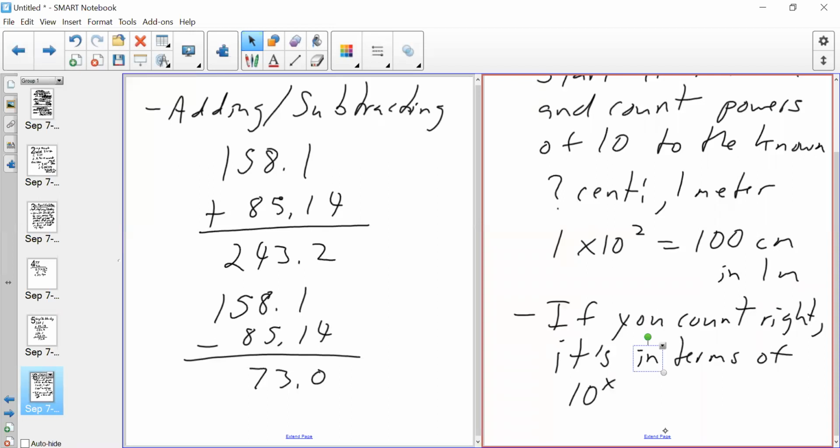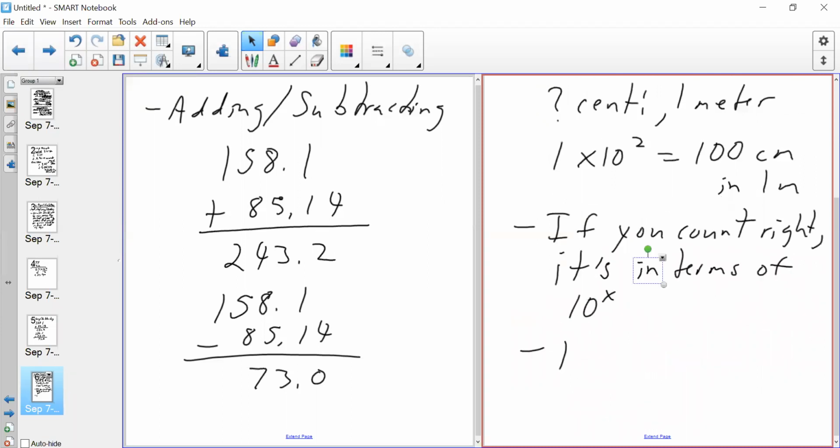And then if left, it would be 10 to the minus x. You see that on your chart. I have the big long arrows. Going to the right, that's 10 to the x. And going to the left would be 10 to the minus x. Right? So that's what we got.